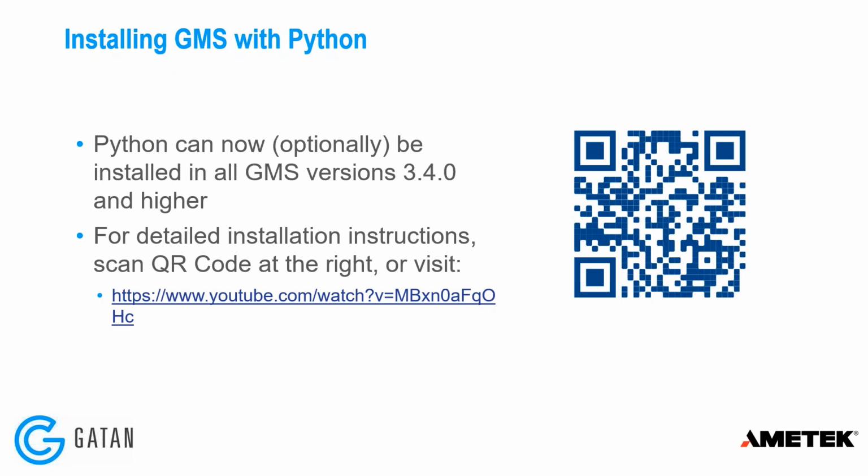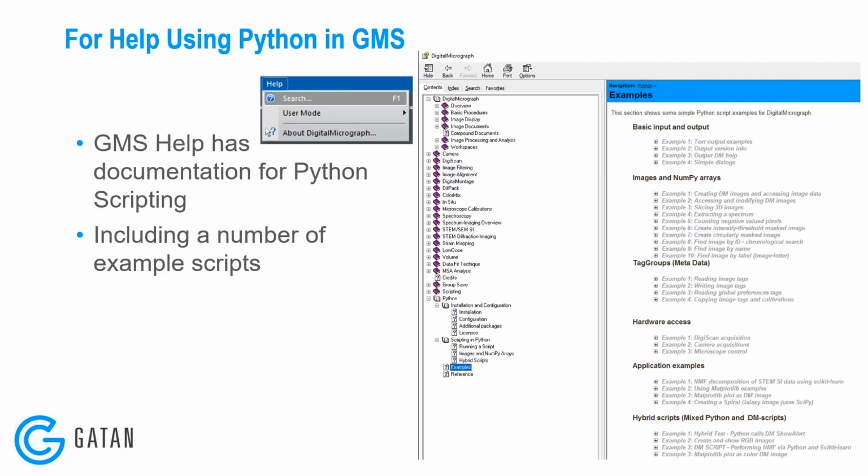It specifically shows you how to open the script editor and how to run your first Python script, just a really simple hello world type print statement. So you can go to this video on YouTube and watch that. That's a really nice resource that's new. It was just posted a couple of weeks ago.